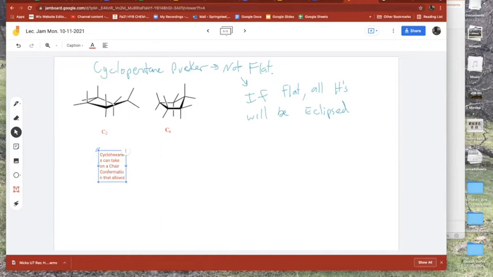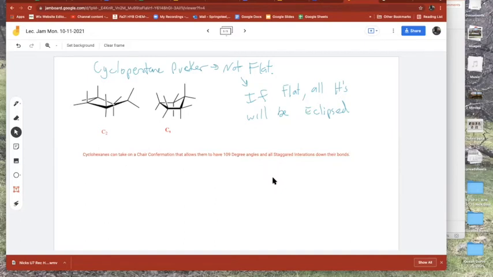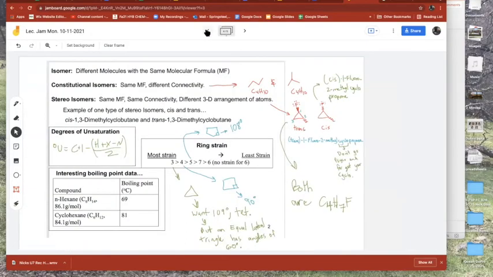That allows them to have 109-degree angles and all staggered interactions down their bonds. I'll define what a cyclohexane chair is and show you how all the bonds are staggered shortly. But I'm just setting it up now.